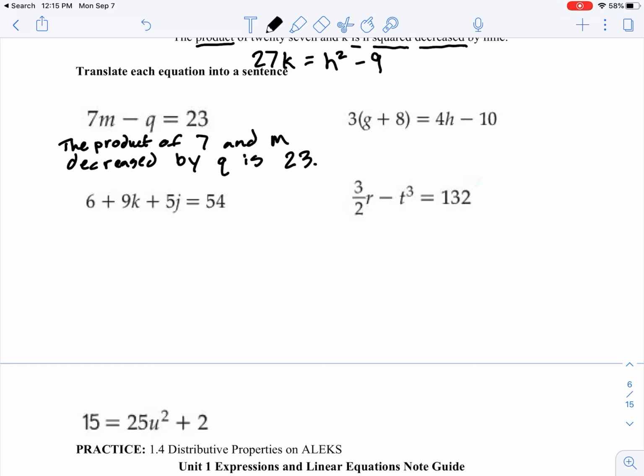On the next one, I have parentheses, so I'm going to have to use one of those words that it's talking about the answer to an addition problem.